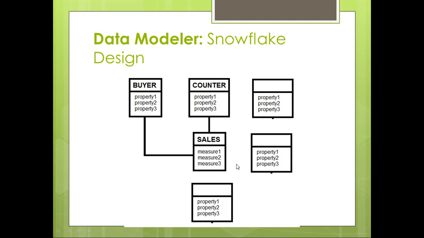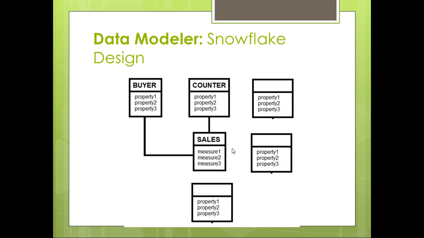So, for example, if you wanted to track the relationship between a counter and a product, when you sell at a particular counter, how many products are sold, you could include that as a measure.